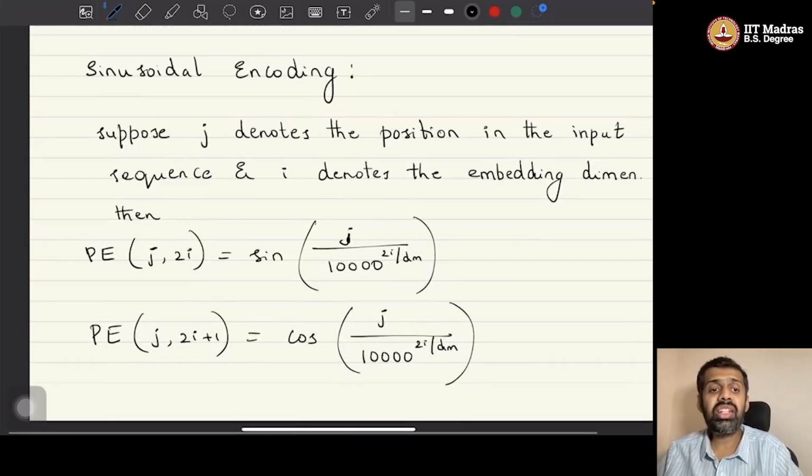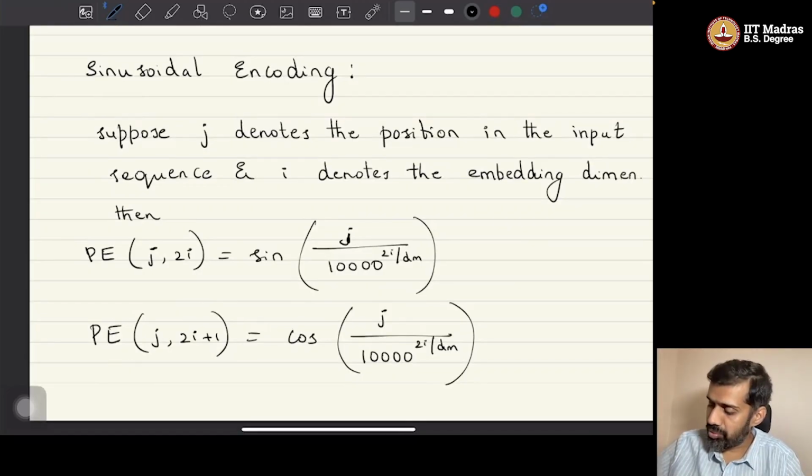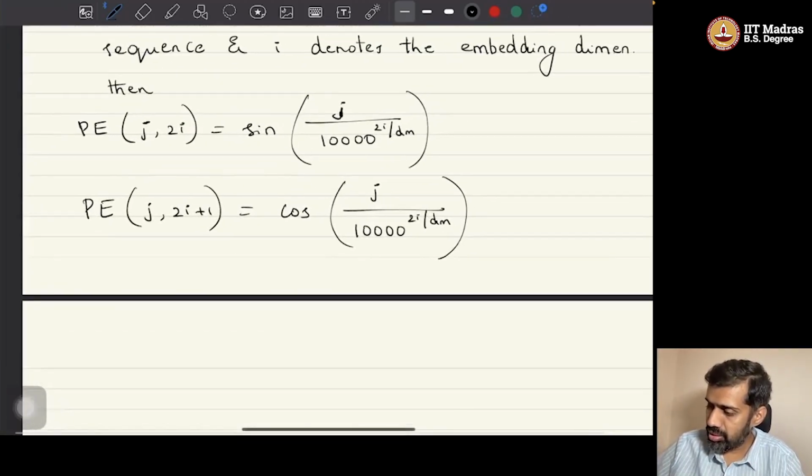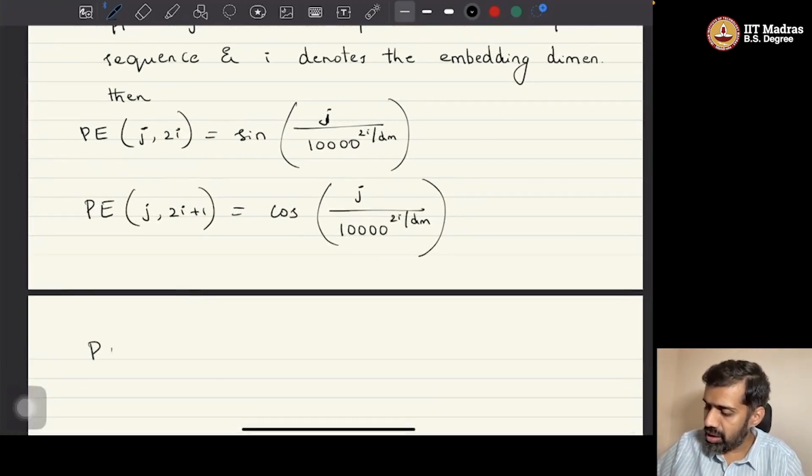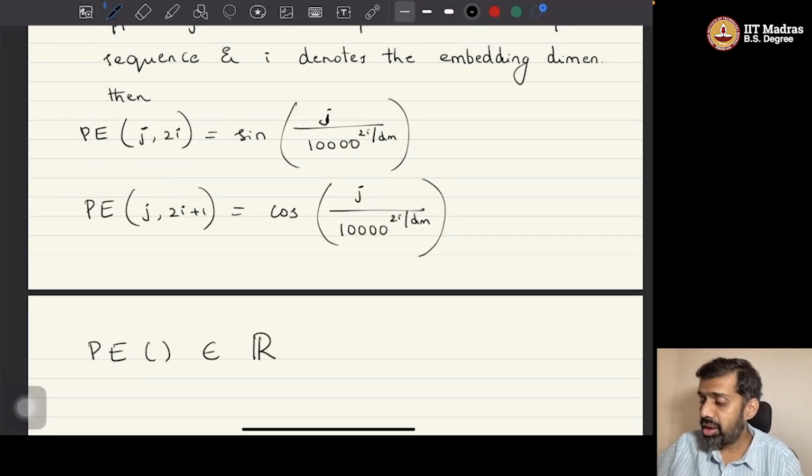Note that this PE would give you a vector of dimension dm. So let me write it down. This PE would be in R capital T comma dm. So this should be exactly in the same dimensions as that of x, right? Because we need to add it.